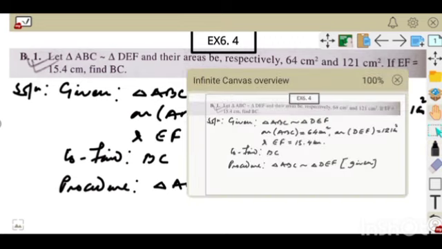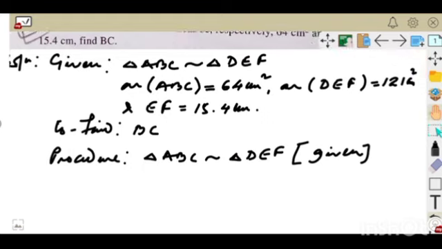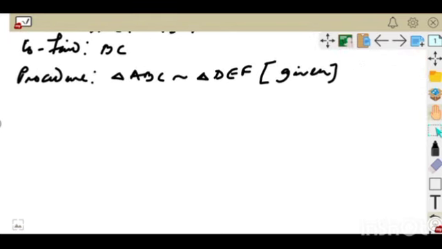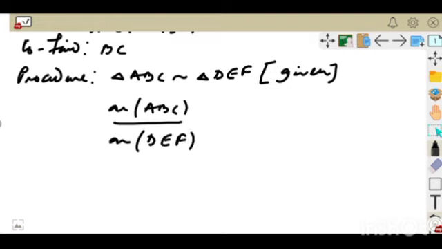We know that as the two triangles are similar, we can write it this way. Area of triangle ABC divided by area of triangle DEF equals (BC by EF) whole square.